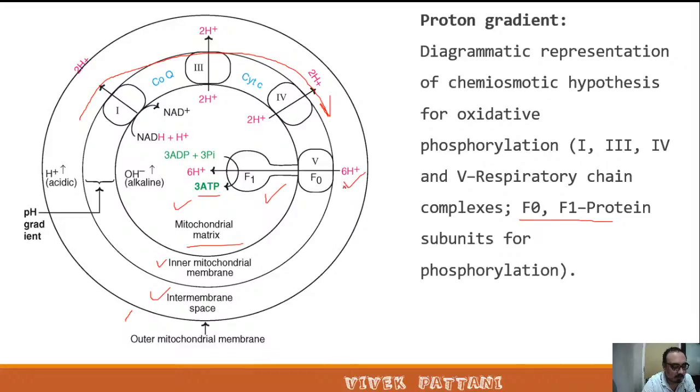Per 6 hydrogen ions, 3 ADPs are converted into 3 ATPs.